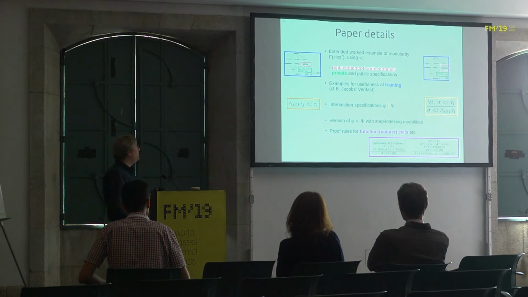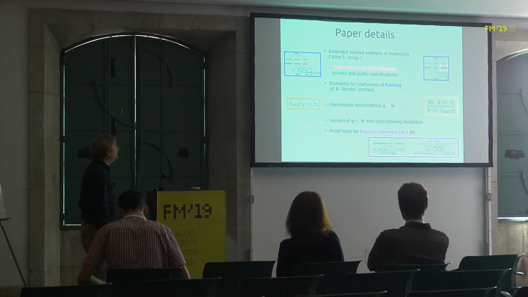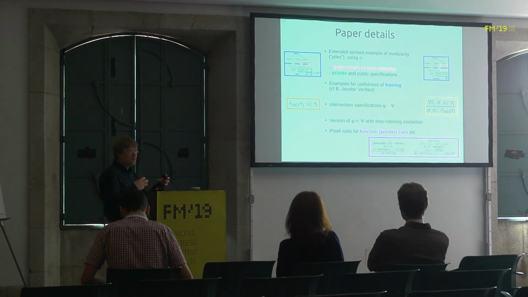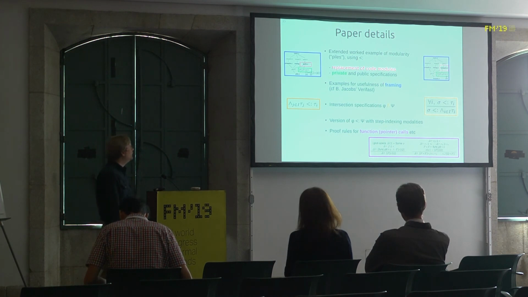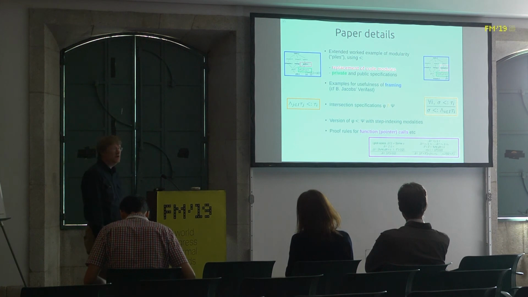So in the paper, as I mentioned, we have a worked example that has several aspects of code reuse and specification reuse and motivates these conditions. We note that the usefulness of framing was just one or two years ago also observed by Bart Jacobs in his VeriFast tool. So I talked to him in May and found that out.